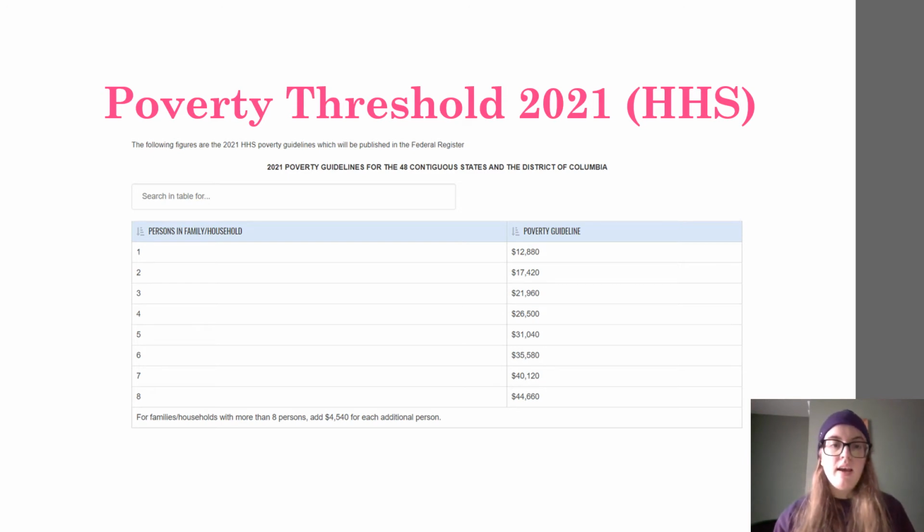If you have a family of 4, the benchmark of whether or not you live in poverty is: if you have 4 people in your household and you earn $26,500 or less, you're considered to be living in poverty. Or if it's just yourself, if you make around 13K or less, you are considered to be in poverty as well. So that's just the benchmark there.